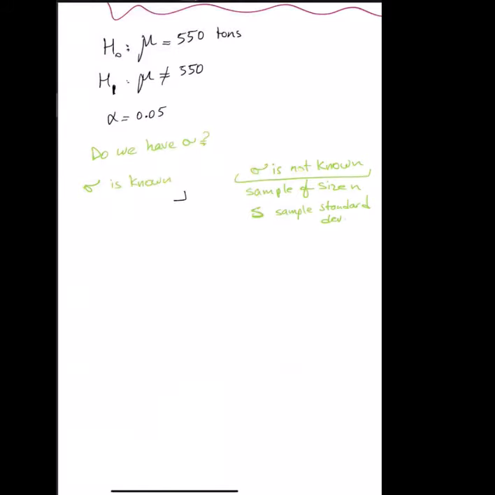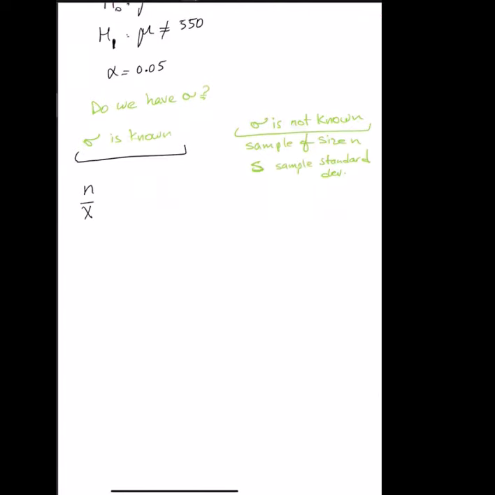If sigma is known, we are going to take a sample of size n, calculate the average of the sample, and then put my test statistics together. Can you tell me what is the formula for test statistics? We had that in chapter 7. If sigma is not known, I'm going to put my test statistics together as well.